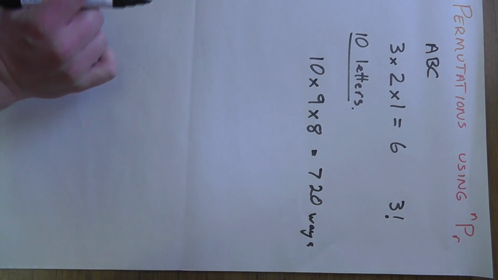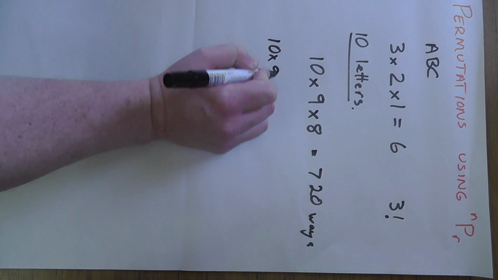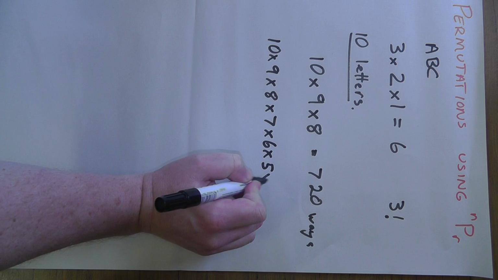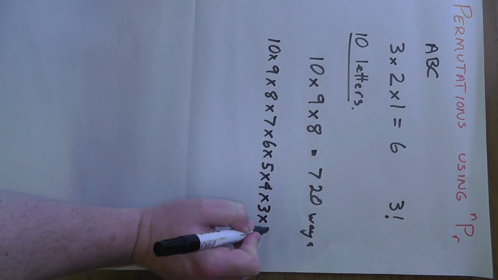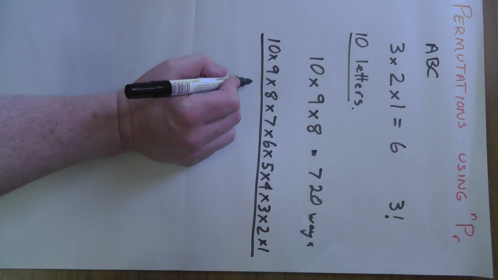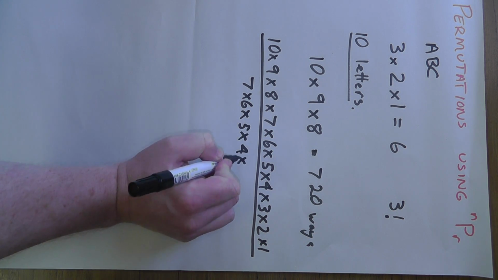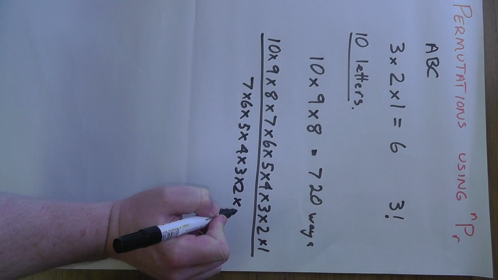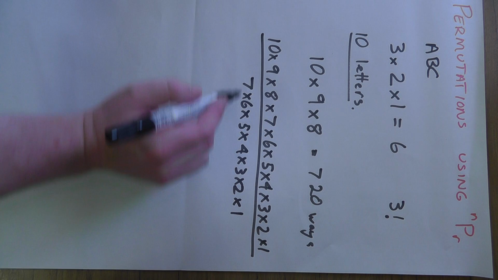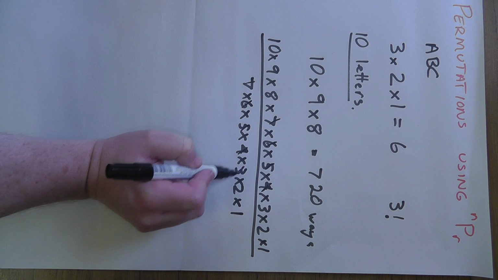Now, let's look at this a slightly different way. If we had 10 times 9 times 8 times 7 times 6 times 5 times 4 times 3 times 2 times 1, divided by 7 times 6 times 5 times 4 times 3 times 2 times 1, this calculation, they'll cross out, they'll cross out, and so on.